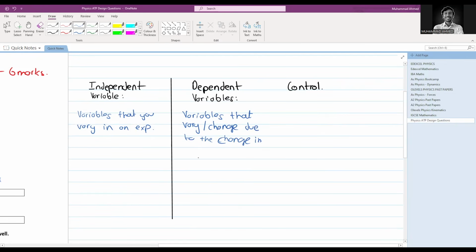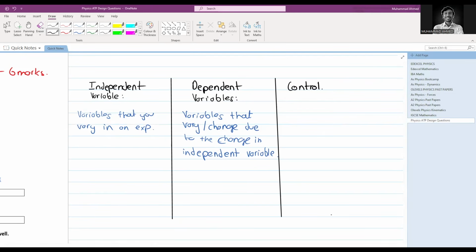Whenever you change the independent variable, the variable that changes as a result is known as your dependent variable. Simple. What are independent variables? The variables that you vary in an experiment. What are dependent variables? Variables that vary or change due to the change in independent variables.